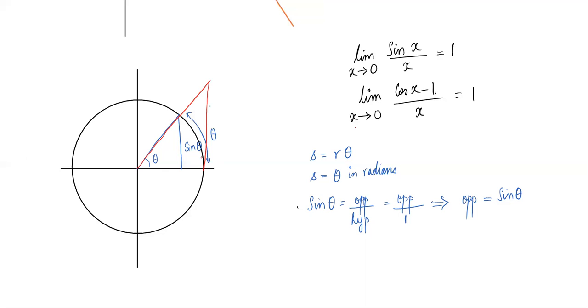It's going outside the circle, but that's okay because I'm maintaining the same angle theta. And this point would be (1, 0). And you can see that in the red triangle, this bottom part here is 1, isn't it? The base of the red triangle is 1 because that is your radius.